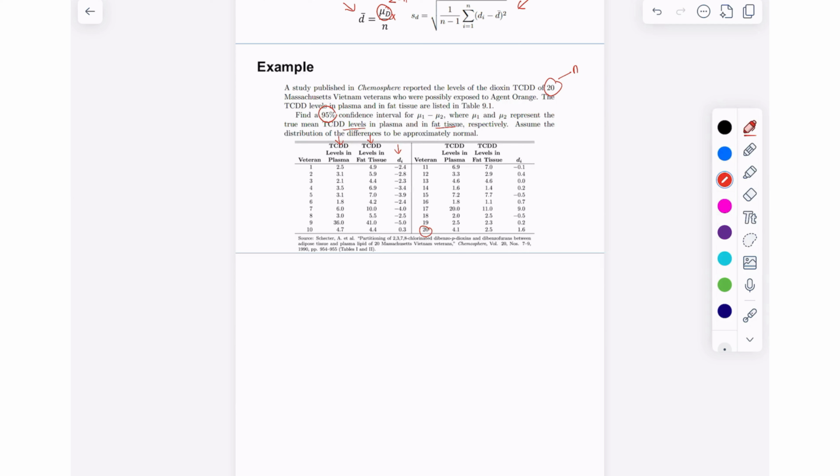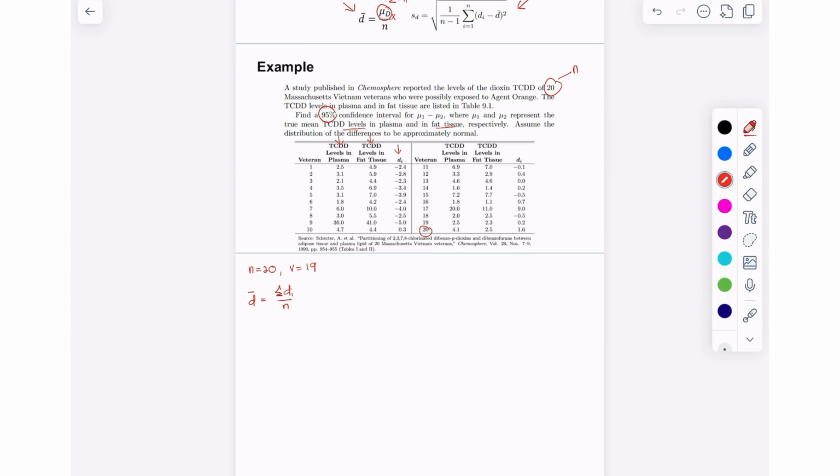So the first thing we need to know from all this, in order to construct the confidence interval, is that n is 20. And since we want to consider the t distribution, we need to know the degrees of freedom. The degrees of freedom v equals n minus 1, that is 20 minus 1, which is 19. Then we need to find d bar first. So d bar is equal to the summation of di over n.